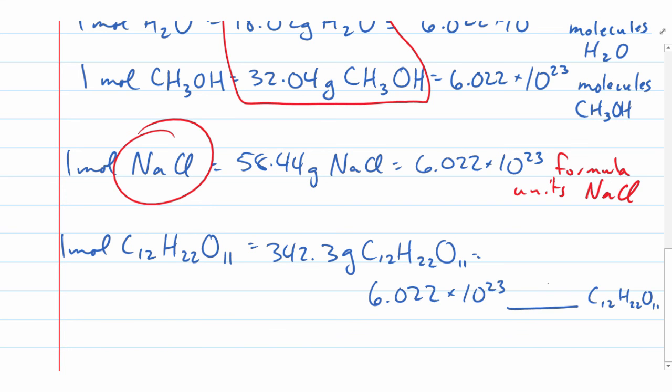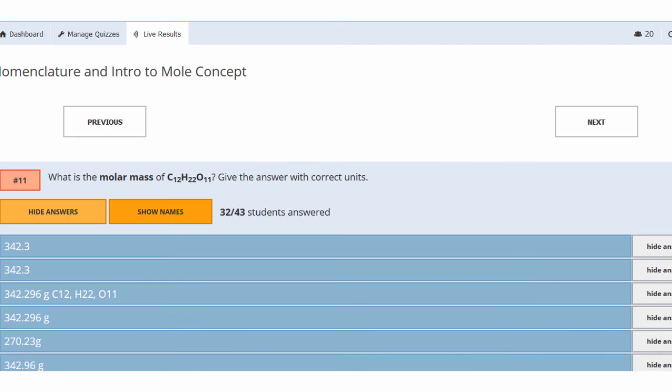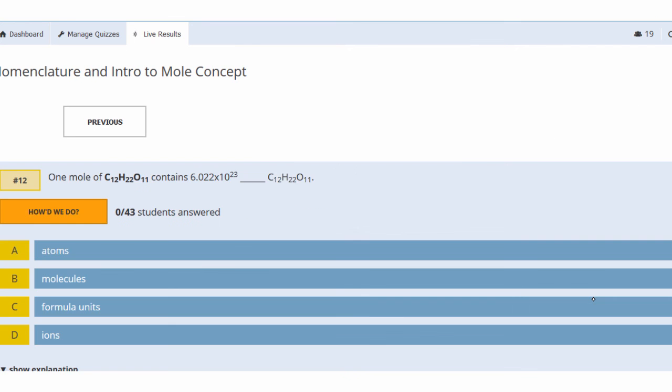And that is, if we want to put a word in here, we've now learned about molecules, formula units, and atoms. Then which choice should we put in there? 1 mole of sucrose contains Avogadro's number of.